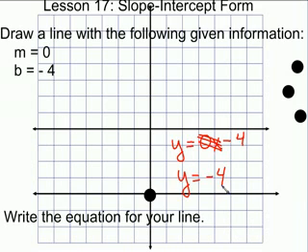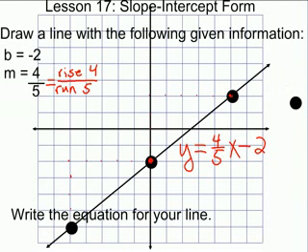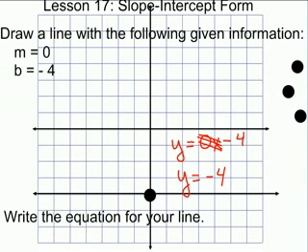Now, let me go back, do one thing real quick. This one right here, this line crossed both the x-axis and the y-axis. So it has an x and a y in its equation. If it has an x and a y, then your line is going to cross the x-axis and the y-axis.